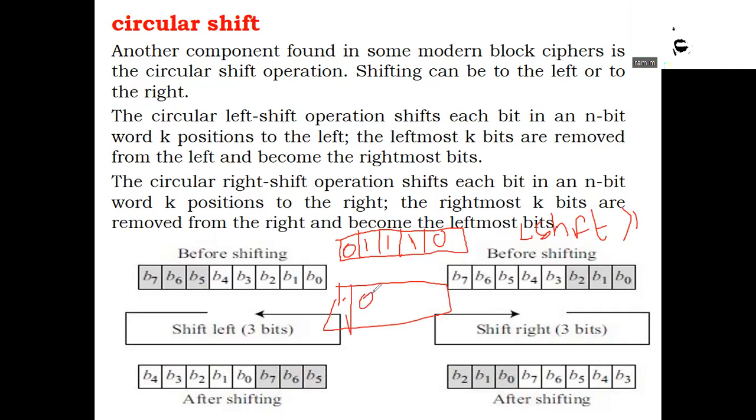The leading 0 will not be available to us, it goes outside. The size of the data is 5 bits, so the empty place is simply filled with 0. That's what a logical shift does.